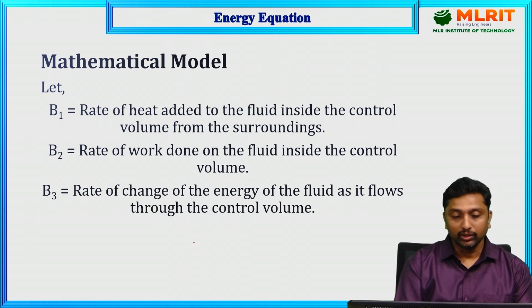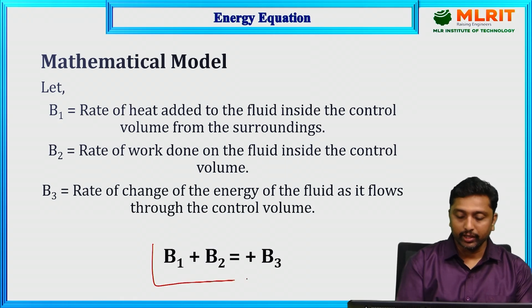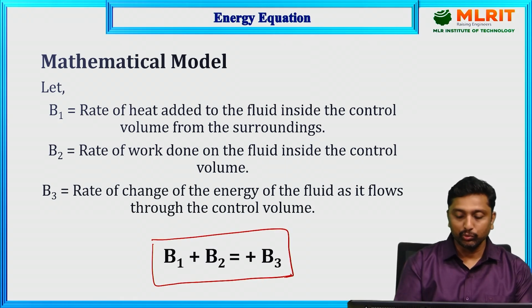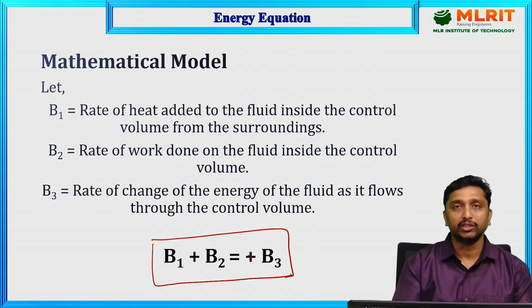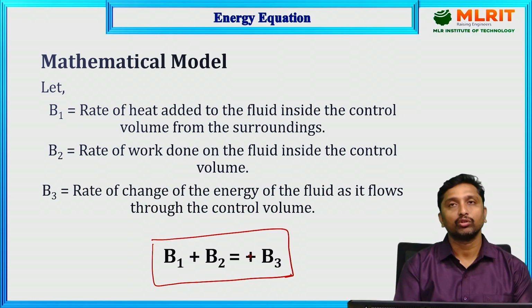From the first law of thermodynamics, we can rewrite these three as B1 plus B2 equals B3. Here B1 is the rate of heat added, B2 is the rate of work done on the fluid, and B3 is the internal energy.